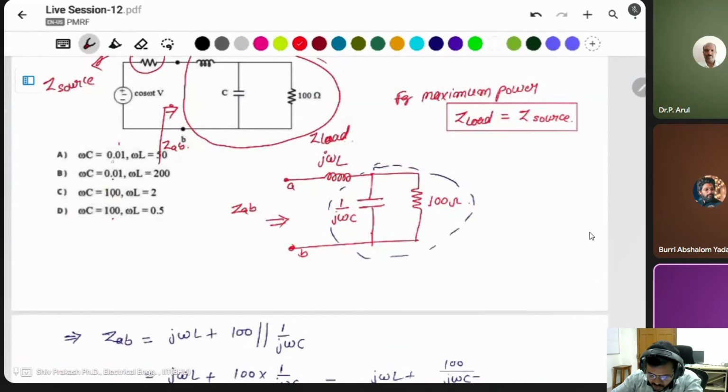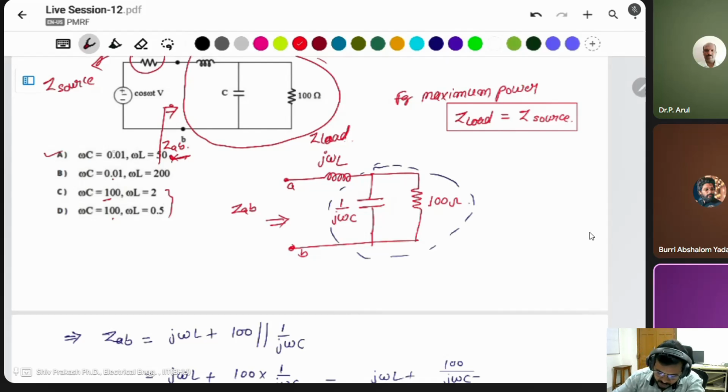If you put 0.01, that means omega L should be equal to 50. Then in this case the first option is correct. If this is not 50, that means this is wrong. Then after that you have to put omega c equal to 100 and check these two, to see which one is correct.